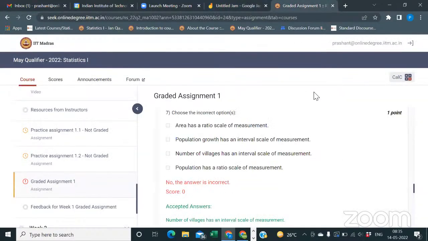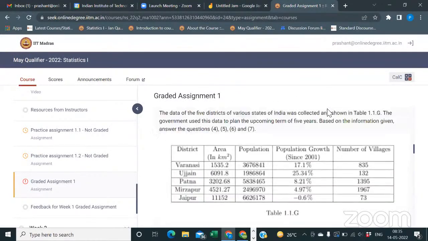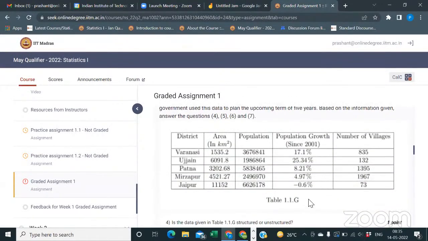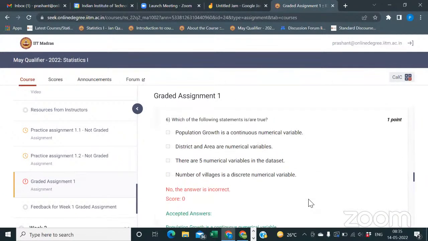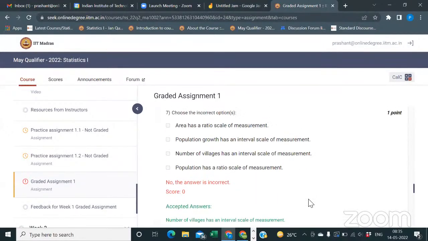It can be negative, and in the table, if you see, it's going negative as well. Minus 0.6% population growth. And number of villages cannot be zero.